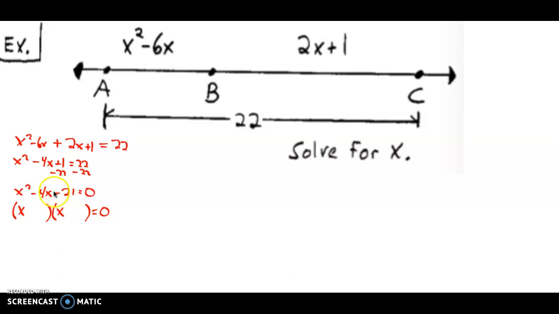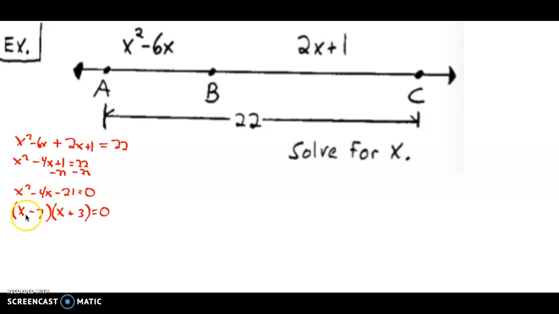But the right ones, when we add our outside and our inside, we have to combine those to get our middle term of negative 4x. So multiply to be negative 21, I'm going to go minus 7 and plus 3. Again, if you do the outside of FOIL, 3 times x, and the inside of FOIL is negative 7x. When you combine those two like terms, there's our middle term.